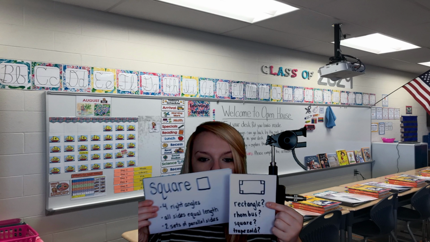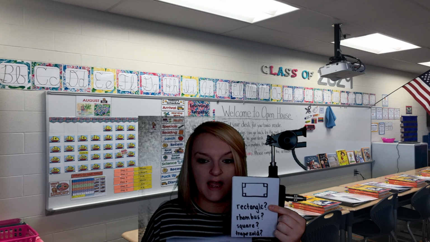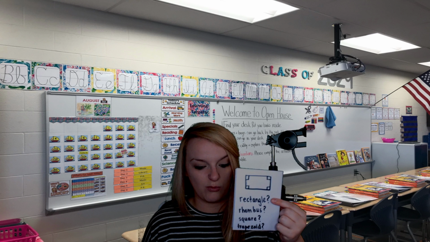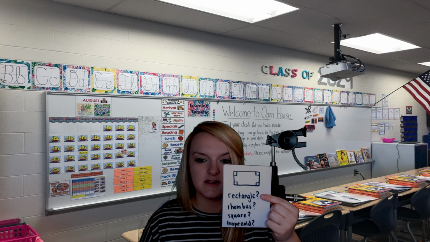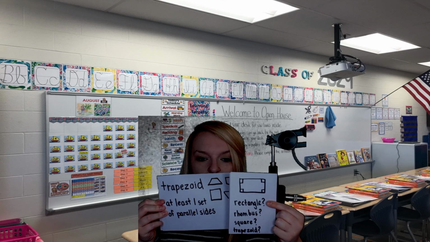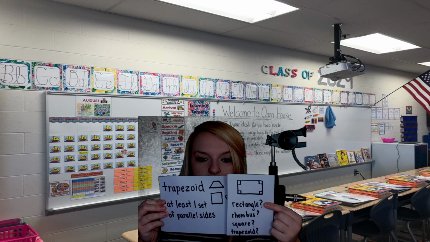Is this shape a square? Are all the sides equal lengths? Nope, it's not a square. Is this shape a trapezoid? Does it have at least 1 set of parallel sides?